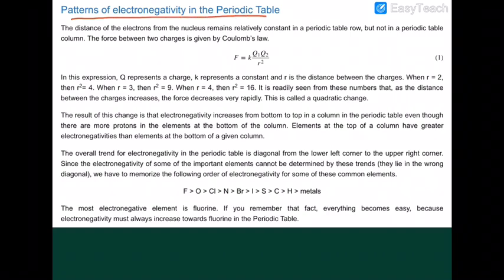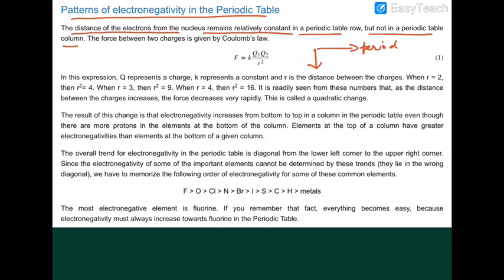The distance of the electron from the nucleus remains relatively constant in a period of the periodic table, but not in a column. If you move left to right in a period, you will not observe such a high change in size. But if you move top to bottom, definitely there is a bigger difference in size.